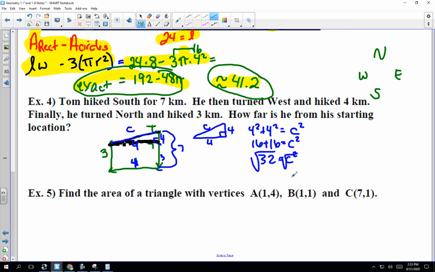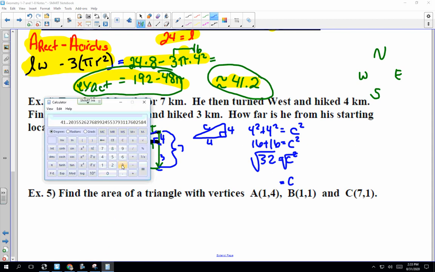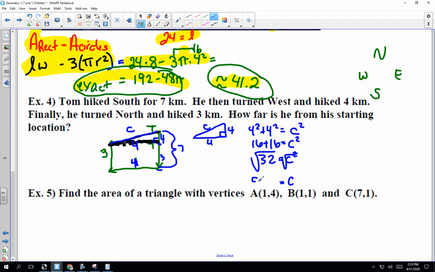Because you have to square root it. Well, we don't know what the square root of 32 is, so we're just going to have to find it. It is approximately 5.66. So let's make these squiggly because we are approximating. Kilometers.